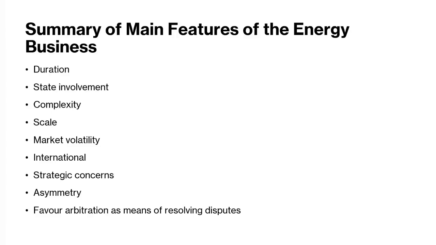Some are short-term, especially in the gas business, because you have hubs that have been established in the United States and in Europe for gas trading, and you can buy your gas. And there are also hubs in Asia that allow you to buy gas at a spot price, and that is a short-term contract that you would have there.